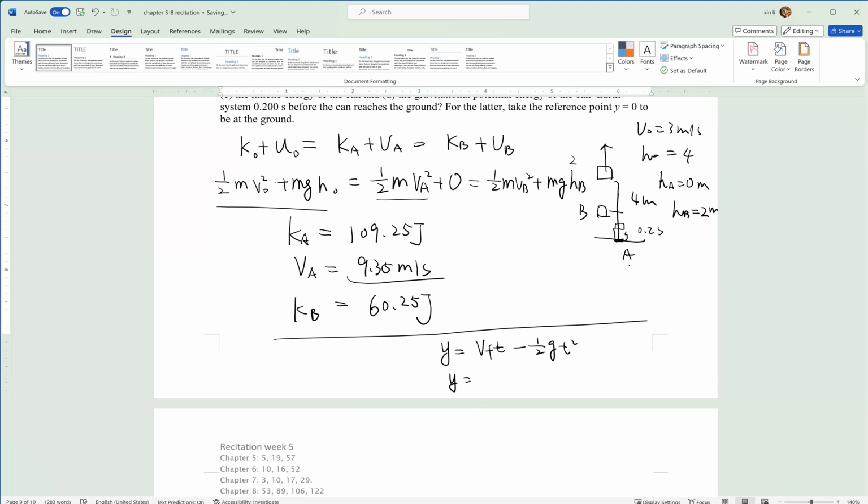So y equals 9.35 times 0.2, minus 1/2 times 9.8 times 0.2 squared. You do the calculation and find that this little distance here is 1.67 meters. After you find this, you can also find the velocity there.